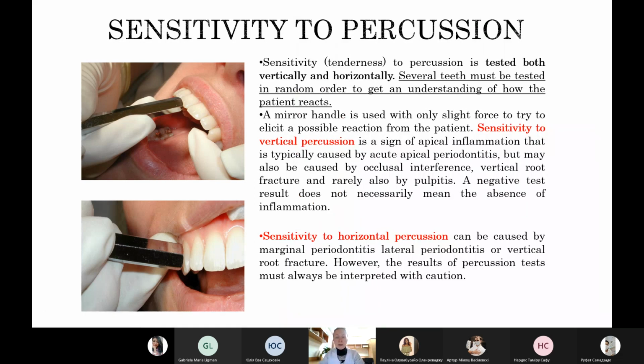In the case of pulpitis, sensitivity possibly can be present due to vertical percussion if exudates press on the nerve endings. So it possibly can be present in pulpitis, but mainly sensitivity to percussion is typical for apical periodontitis, and for marginal periodontitis if it is about horizontal percussion.